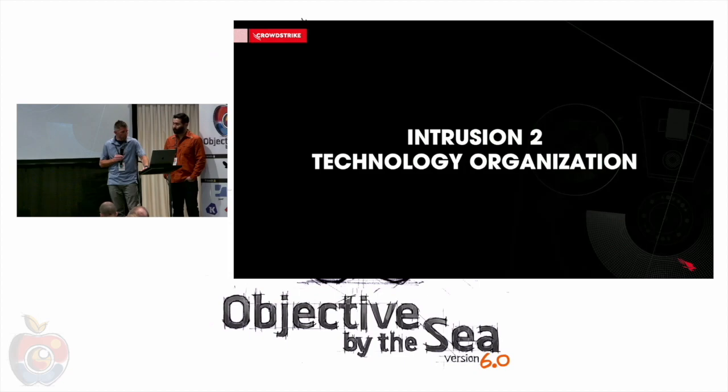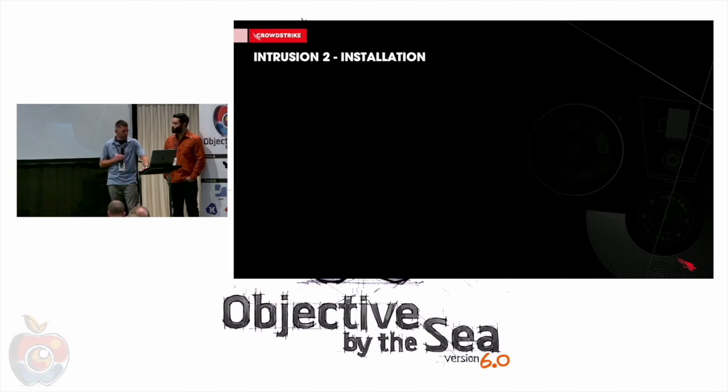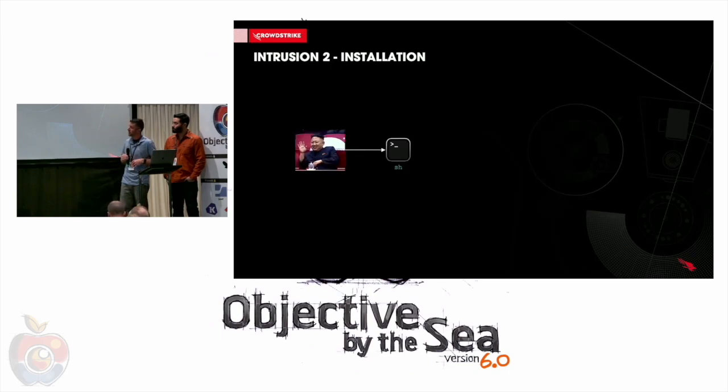So, one more intrusion, a little bit more in this one. This one's at a technology organization, and this one actually starts before we were on the system. We don't really know where they initially came from or how they got access, but where they ended up was in a JAMF script.